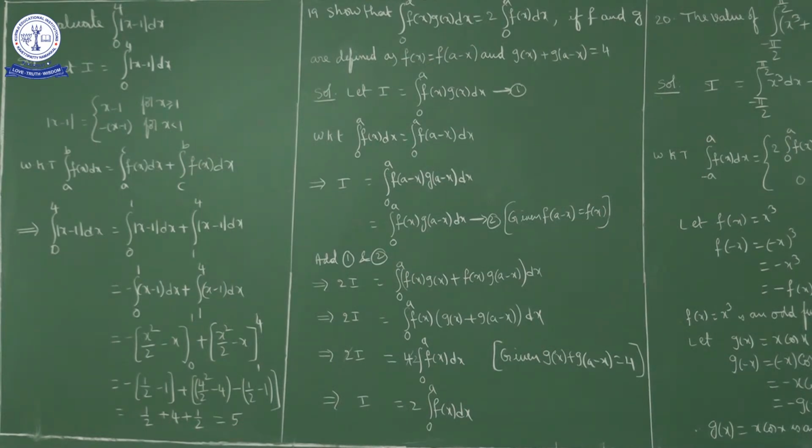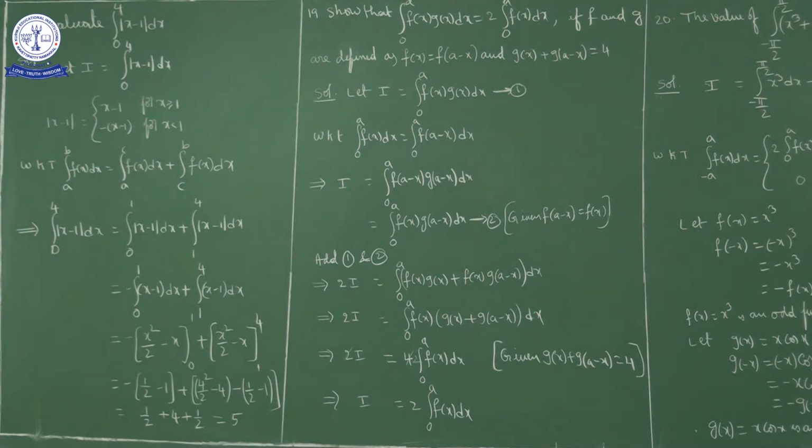Okay. Next question, question number 19. Show that integral 0 to a f of x into g of x dx equals 2 times integral 0 to a f of x dx, if f and g are defined as f of x is equal to f of a minus x, and g of x plus g of a minus x is equal to 4.